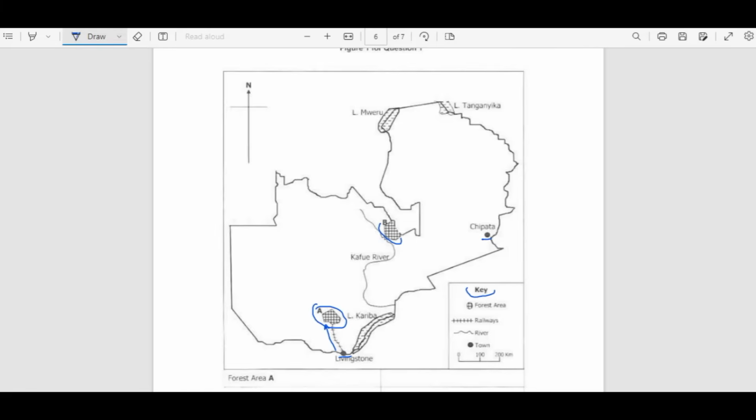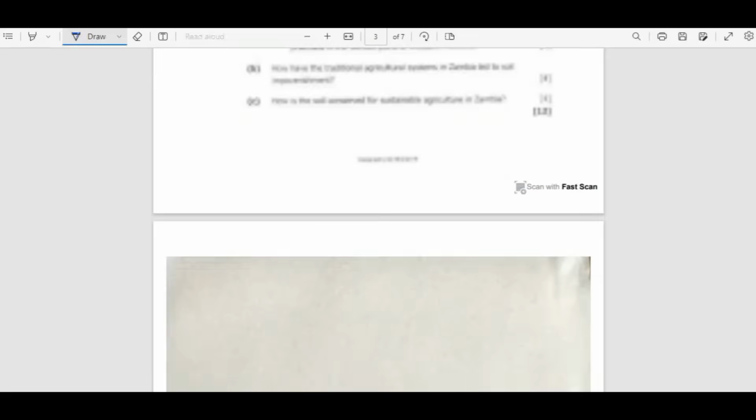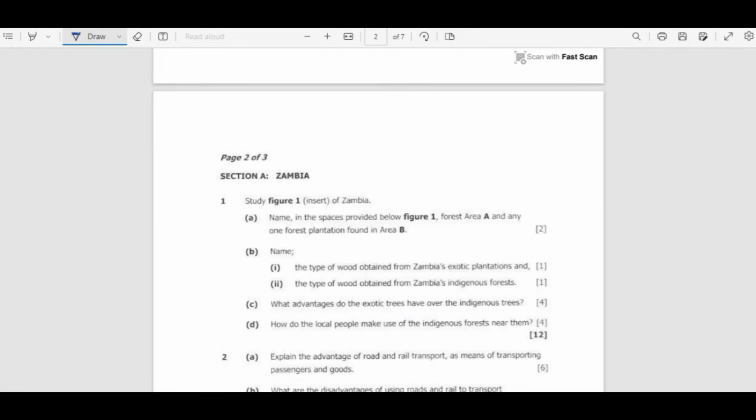Now when we look at the question, let us see the first question. So the first question is, name in the space provided below figure 1 forest area A and any one forest plantation found in area B. So we want to look at those two questions, and then we are supposed to answer them in the map given.